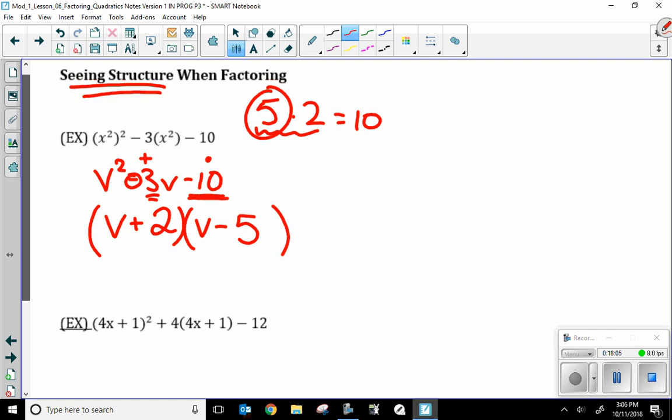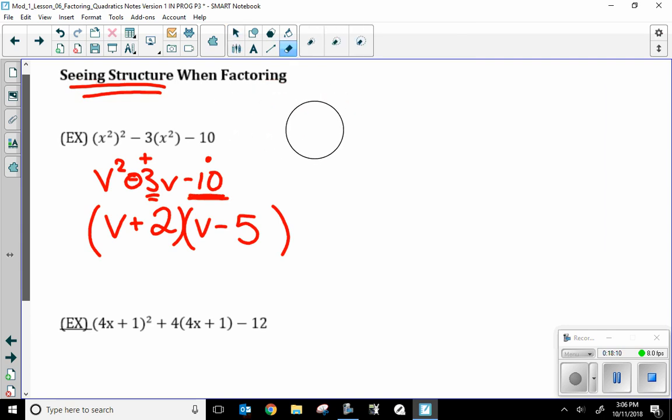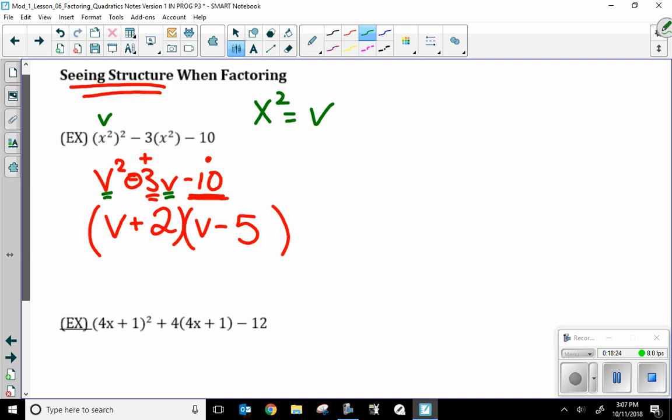All right, good. But it still doesn't help us with this x squared. Initially, I told you it would be better instead of x squared if we had a v. So what we did is we quite literally said, let's make x squared equal to v. We substituted our v's in here. Now this is factored, but we didn't start with these. We started with x squared, so what is v equal to?